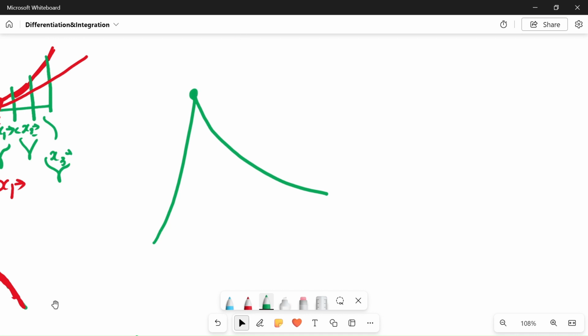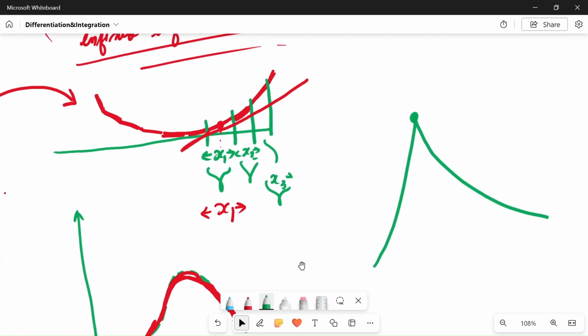Now what differentiation does, as we have said, is give you the equation of these straight lines for all the neighborhoods. What it is actually doing is just extending the straight line which was already there on both the sides.